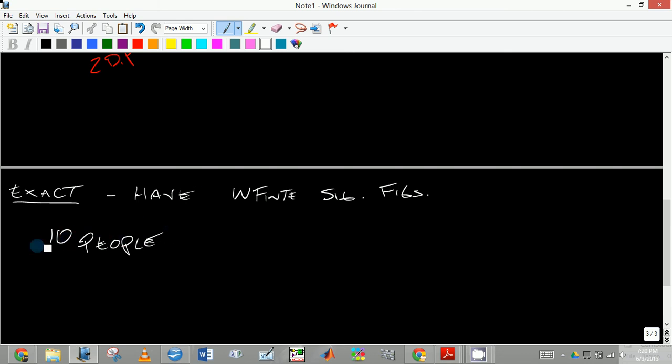So when you multiply this to a number, say 10 people, because you counted them, times just some arbitrary number, 2.313. Notice in here we have an infinite number of sig figs. Infinite sig figs here. And here we have 4.